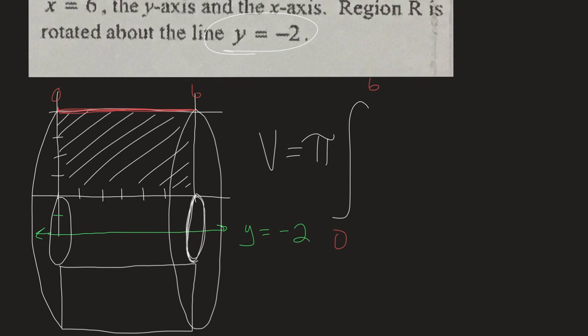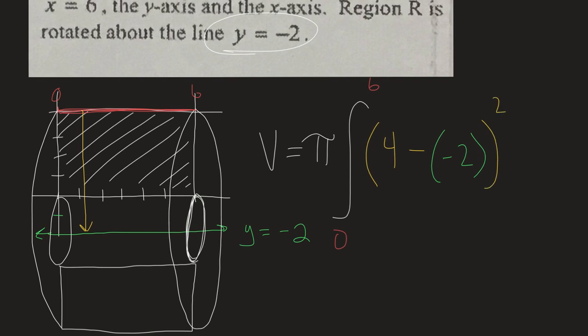The first radius goes from your red line to the axis of rotation. What's the equation of your red line? I believe that was y equals 4, minus the axis of rotation, which is -2, right? So now it's not 0, it's something else, squared.